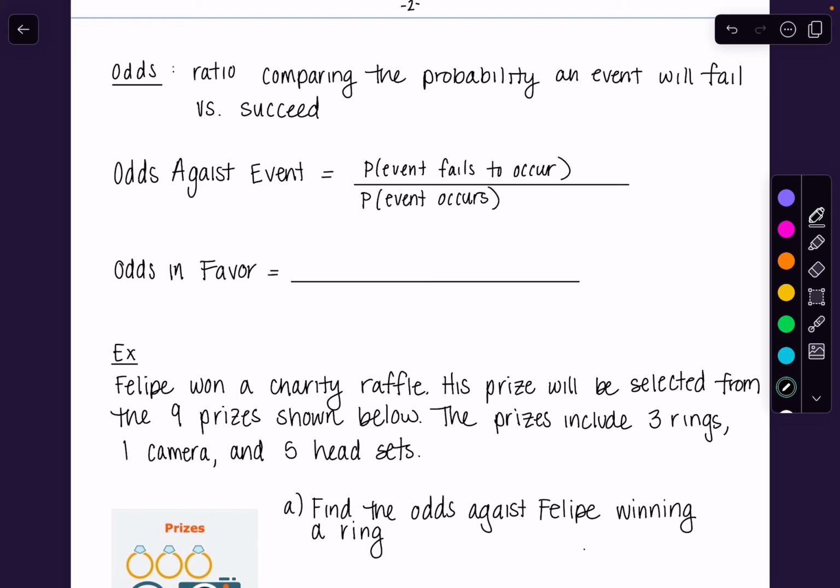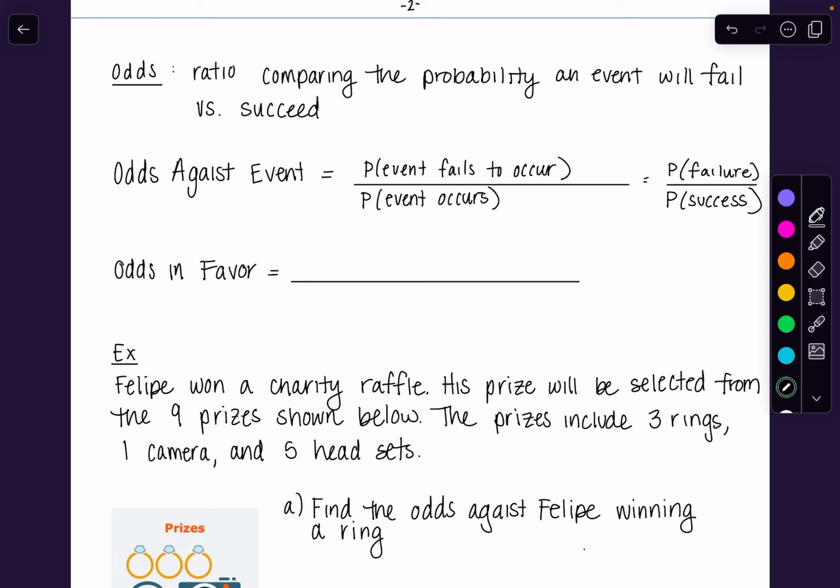So if I'm looking at the odds against a horse winning, in the top it would be the probability it loses divided by the probability it wins. So you can think of this as the probability of failure divided by the probability of success.